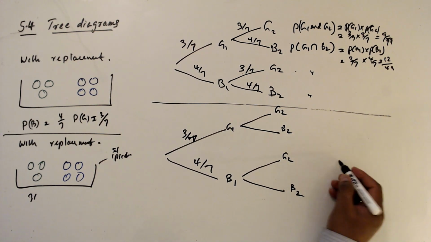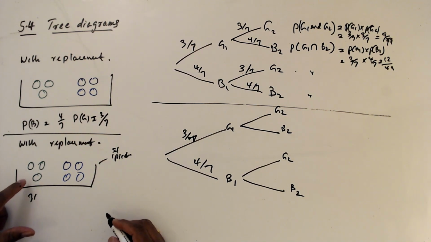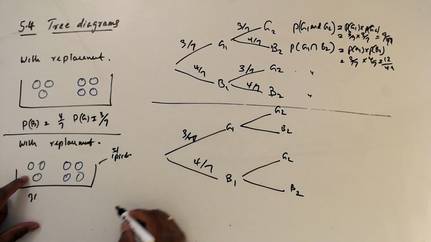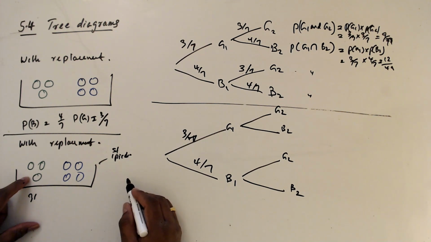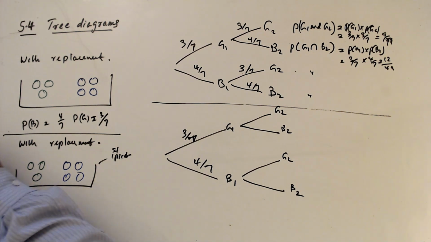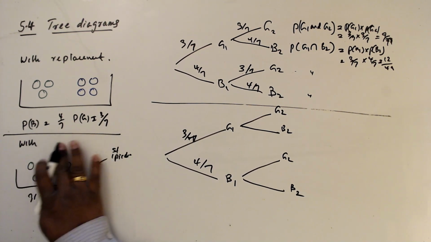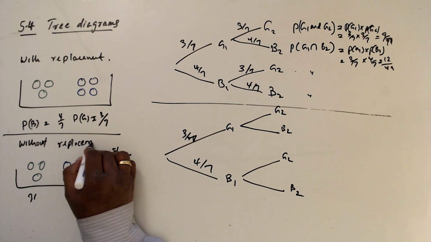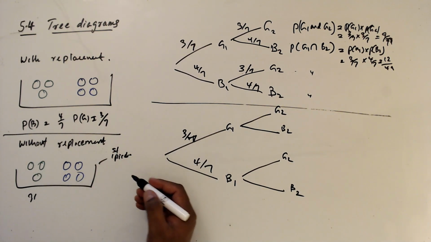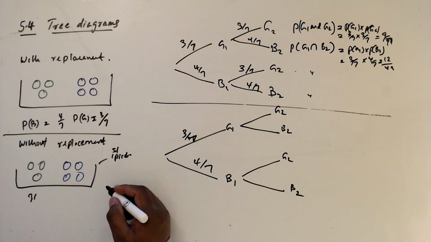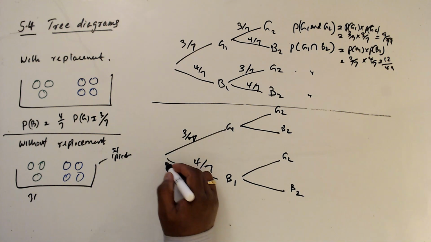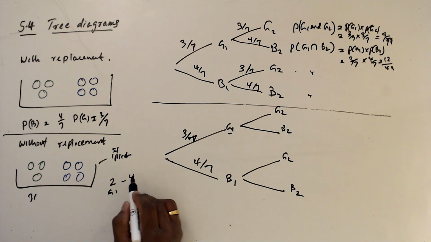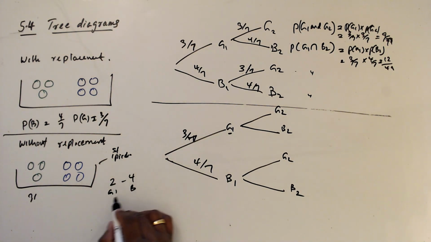Now, if you pick a green one first, you are not going to put that green one back, so this is without replacement. Assume if you get a green one, then you have two greens and four blues, total is 6.